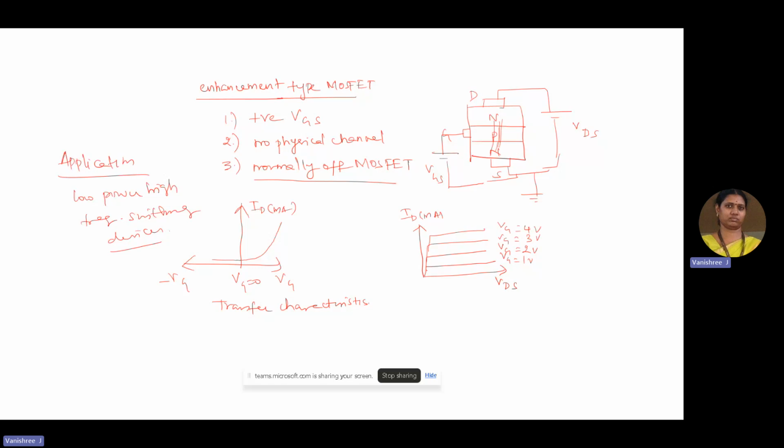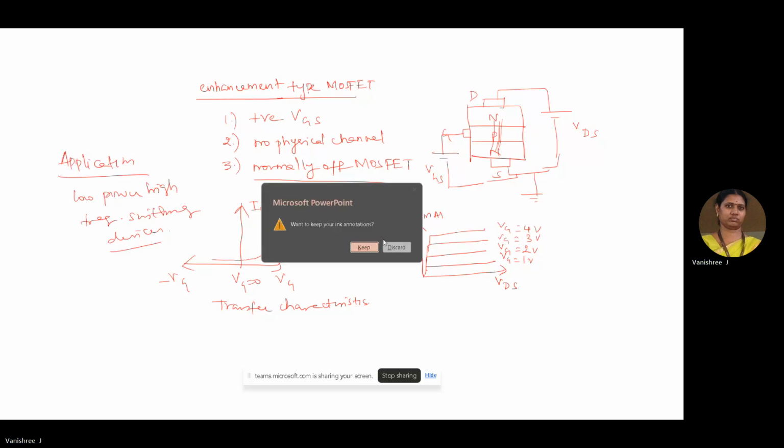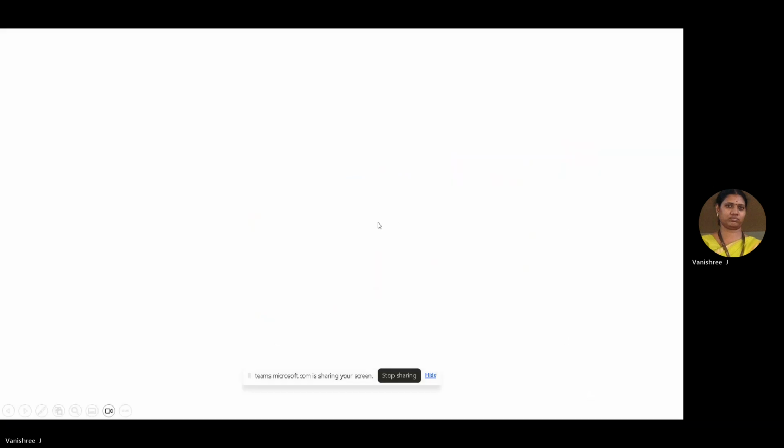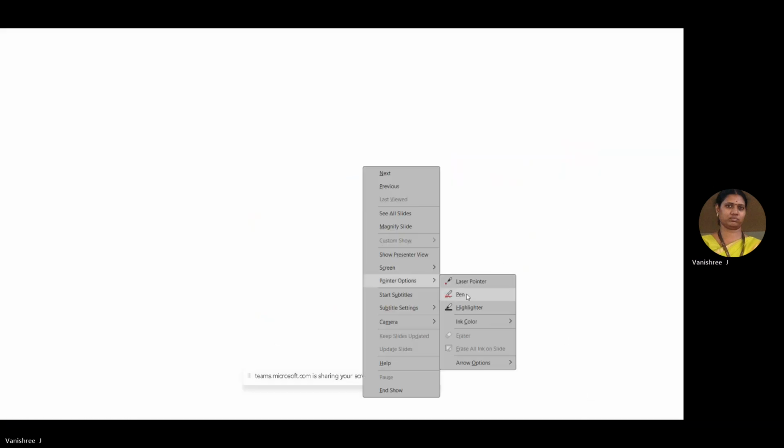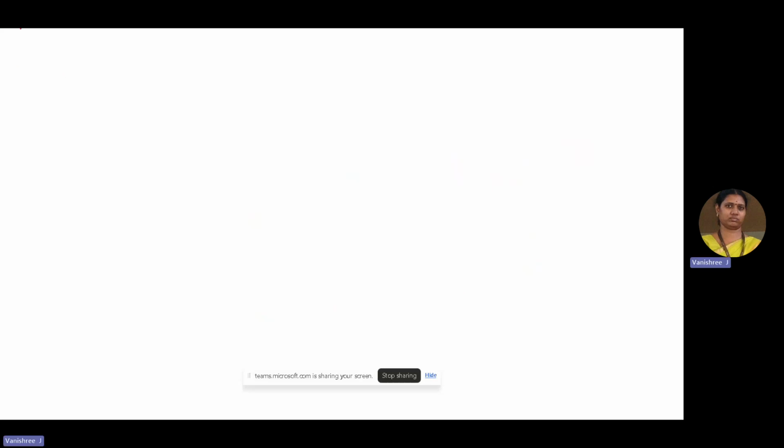So that's it about the MOSFET. And next, let us move on to the BJT, bipolar junction transistor. Already we have discussed the PN junction diode and Zener diode, which is formed by taking a P-type and an N-type layer and combining them together, forming one junction.